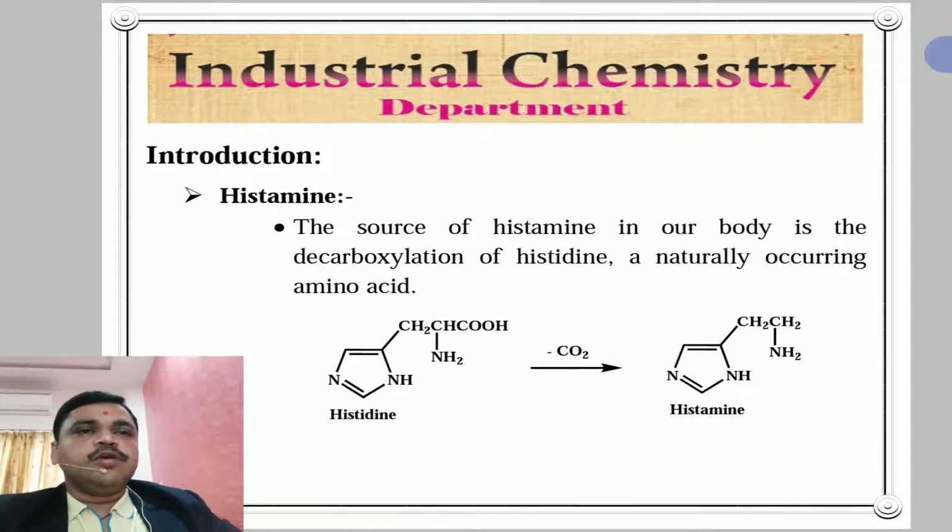The source of histamine in our body is decarboxylation of histidine, a naturally occurring amino acid. Decarboxylation of histidine gives histamine. These are the structures of histidine and histamine.